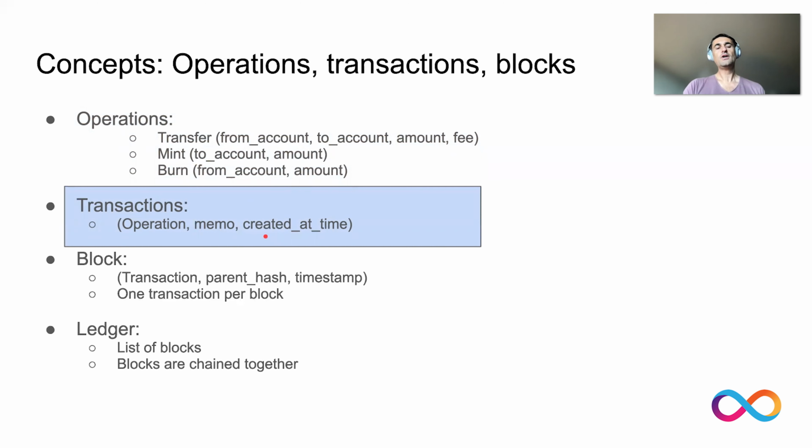The transaction also includes a created-at-time field. This is a timestamp which indicates the time at which the transaction was created on the sender's side, not the time at which the transaction is recorded on the ledger.